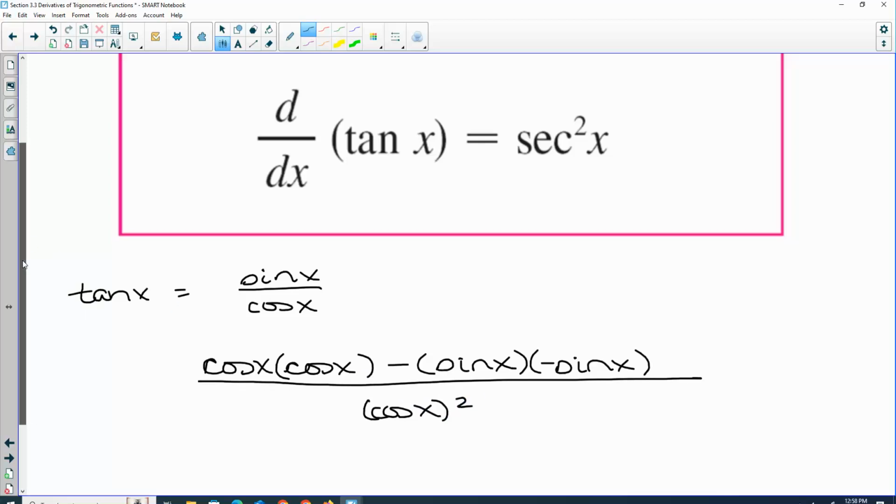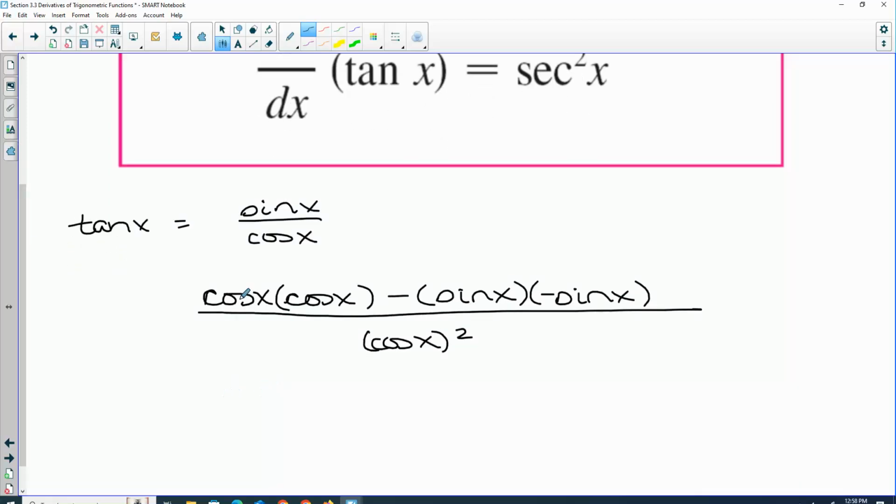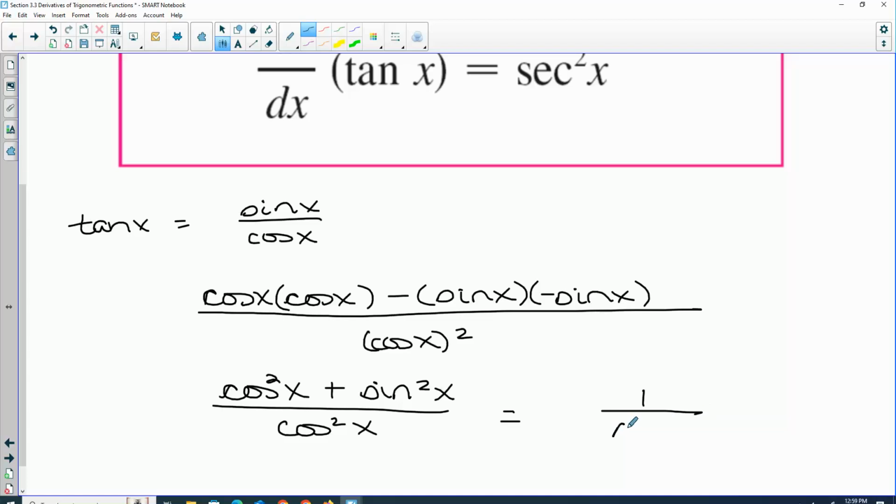So if we simplify the top, cosine x times cosine x is cosine squared x, minus sine times negative sine, so minus negative would be positive sine squared x. So that's just 1 over cosine squared, since cosine squared plus sine squared is 1. And 1 over cosine squared is secant squared.